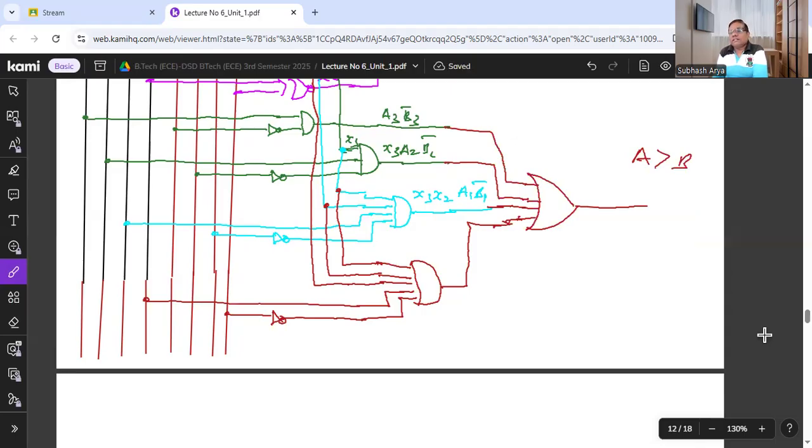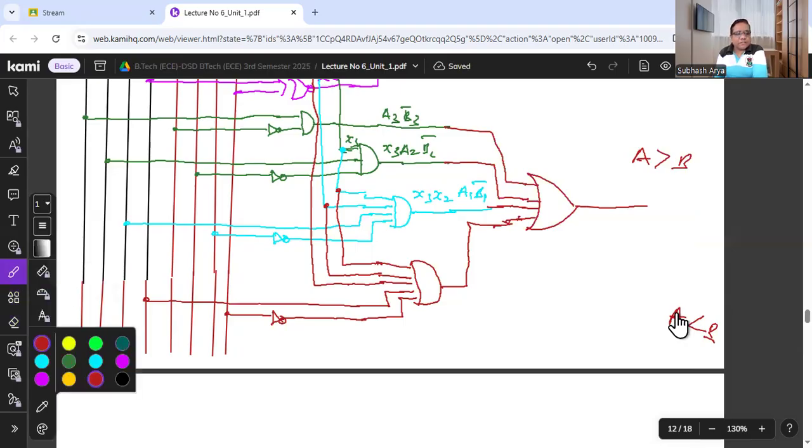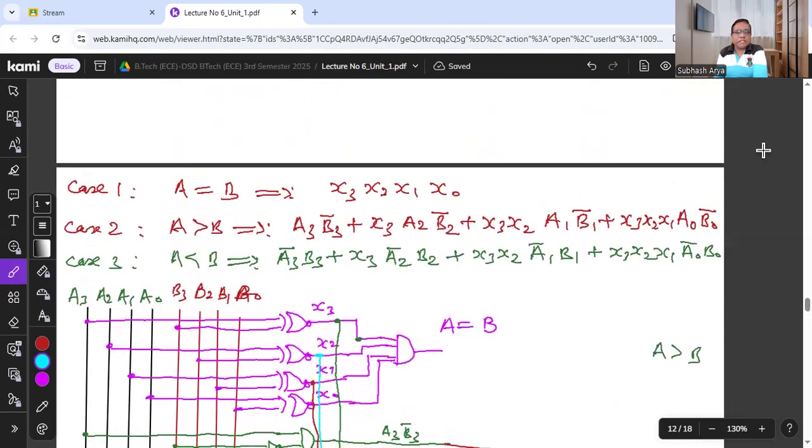Interesting thing is that A is less than B can be easily taken as output, just by putting a NOT gate on A is greater than B. Because A is greater than B, put the NOT gate, then A will be less than B. So in this way, no need to implement the Boolean expression for A is less than B. Only two are essential.